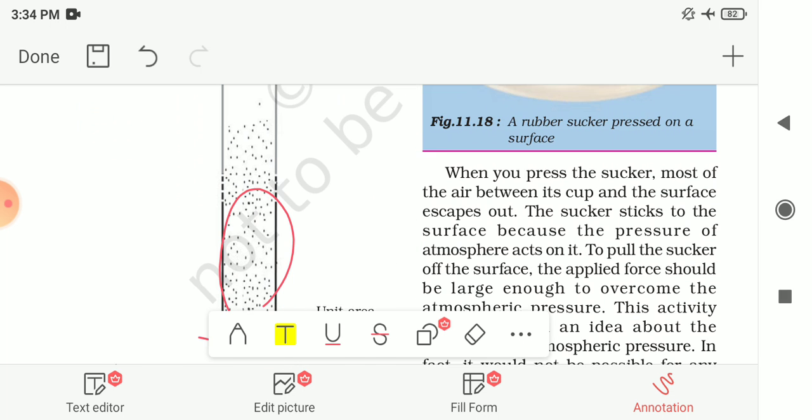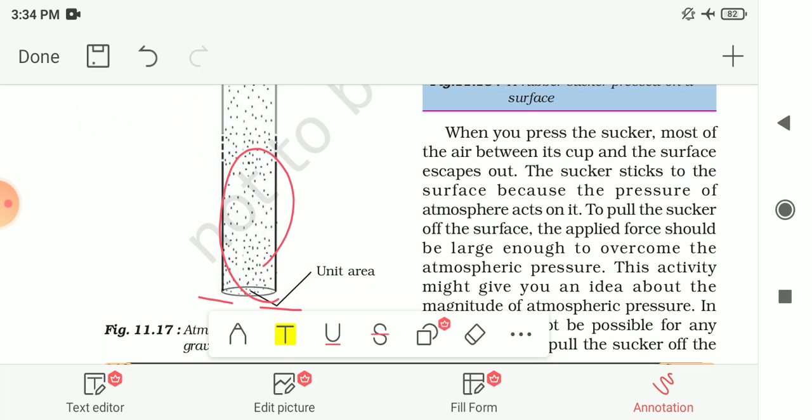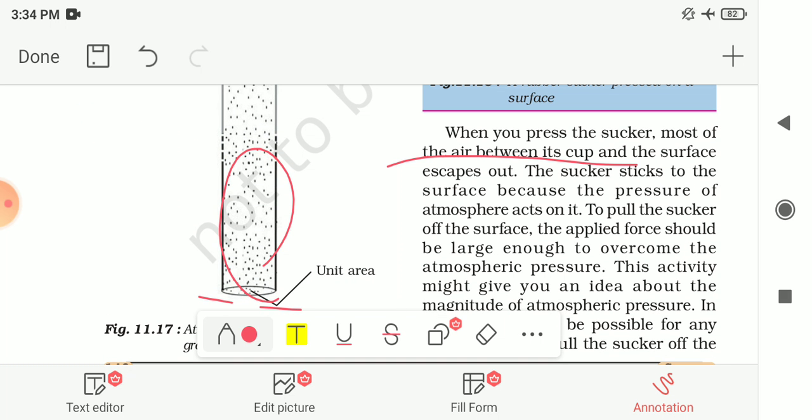Let us see what happens when we press this rubber sucker on the surface. When you press the sucker, most of the air between the cup, that means the sucker, and the surface escapes out, and the sucker sticks to the surface because of the atmospheric pressure acting on that sucker.